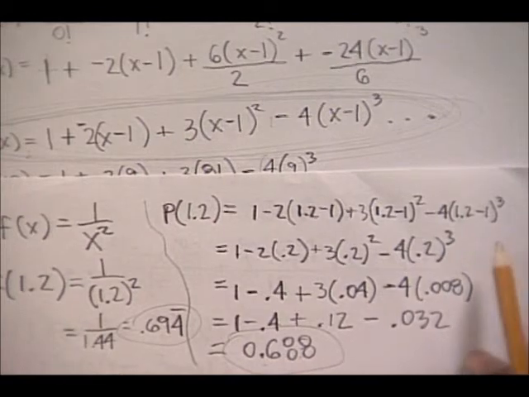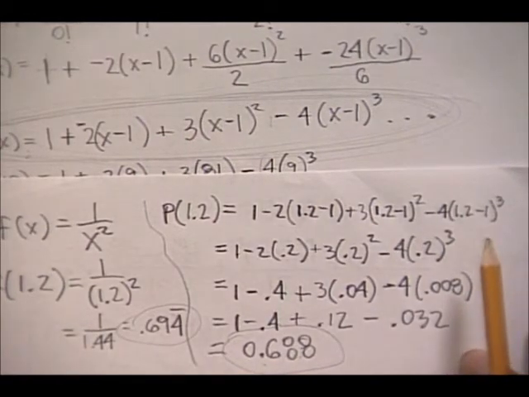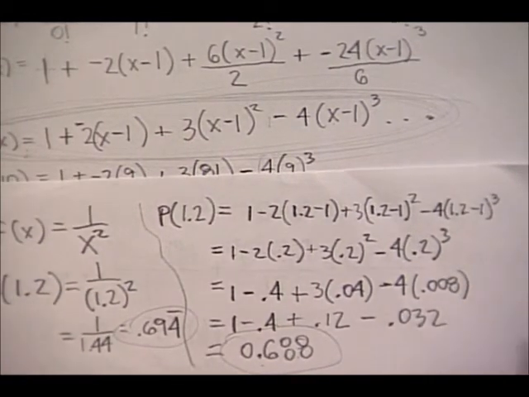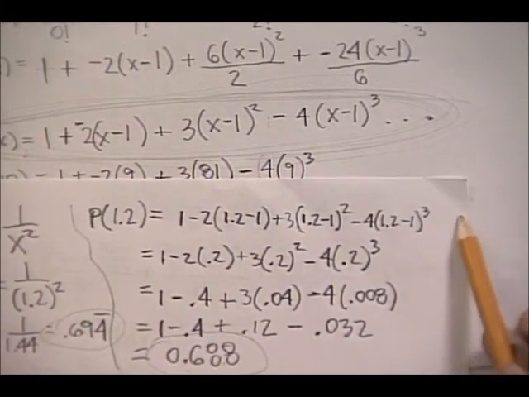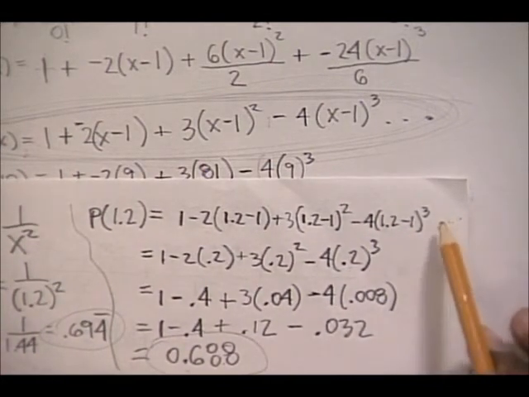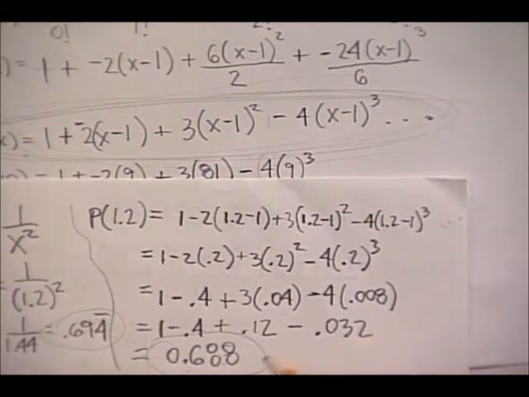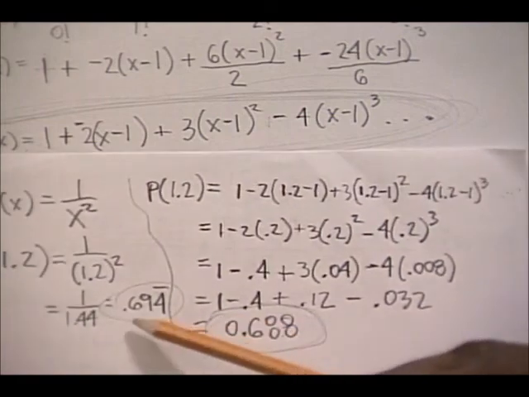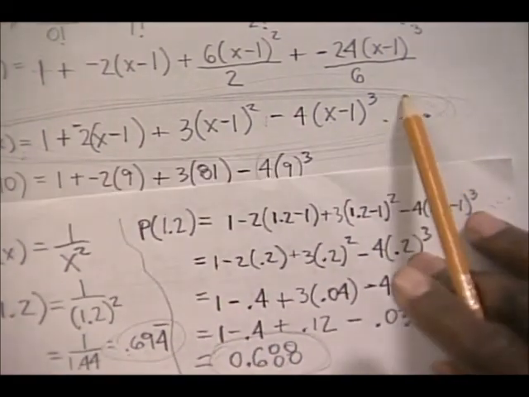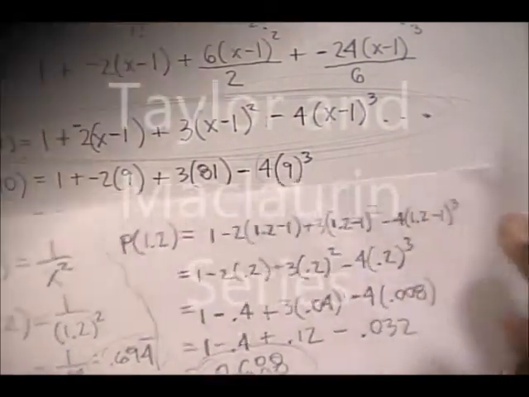Look how close this is. So that's what this is a study of. And I know I've said this a couple times: if we were to have a 4th degree or 5th degree Taylor series, you would discover that this approximation would get closer and closer to the actual 0.694. So that's what this is a study of.